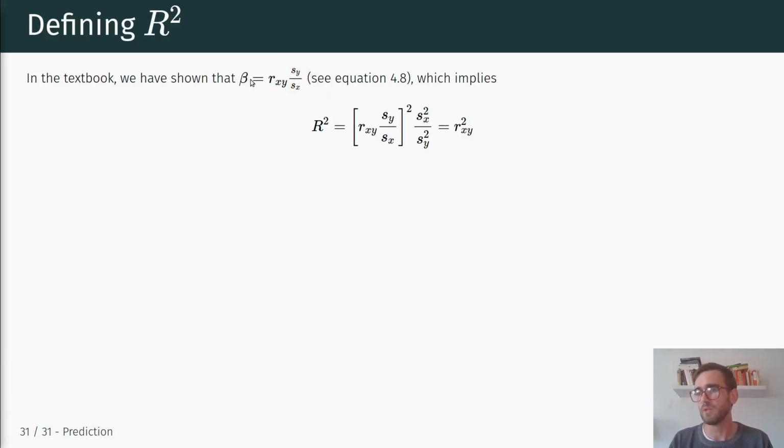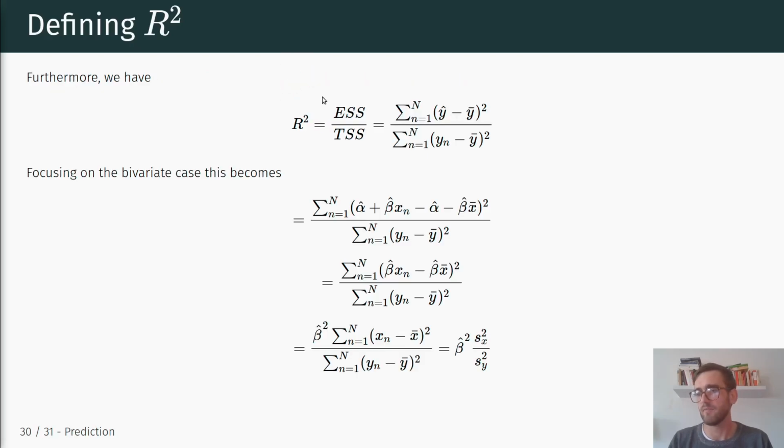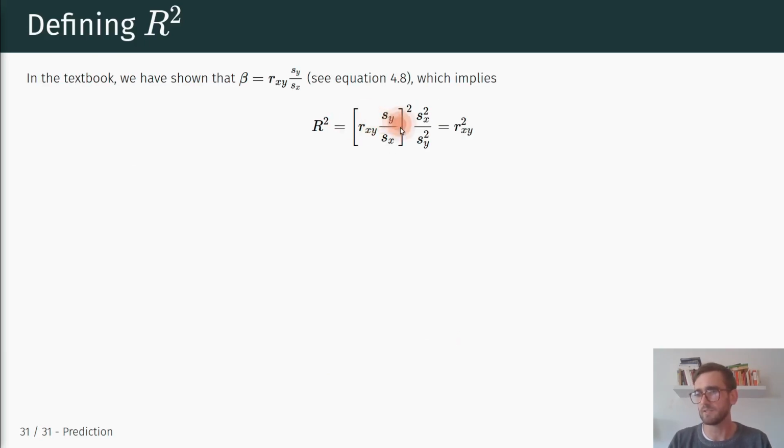If we plug this beta in for our beta hat, we end up with this expression squared times the variance of x divided by the variance of y, and the sy squared and the sx squared all cancel each other out.